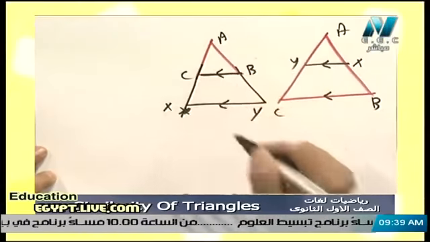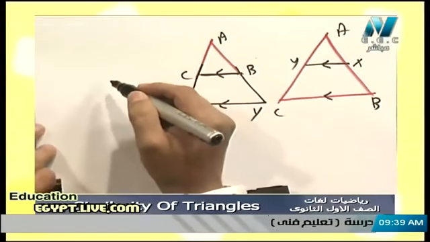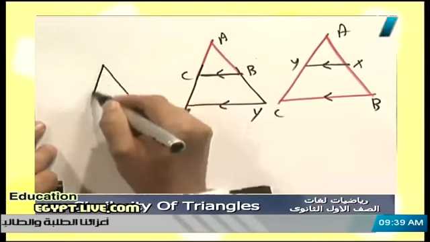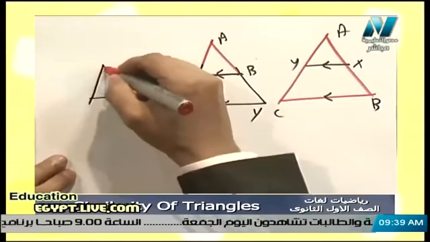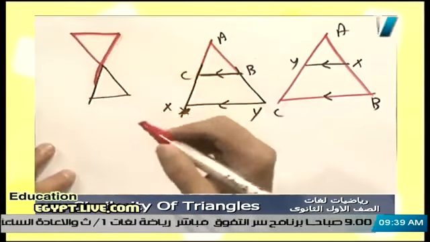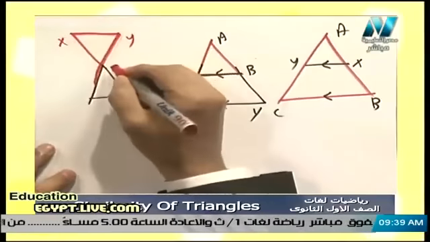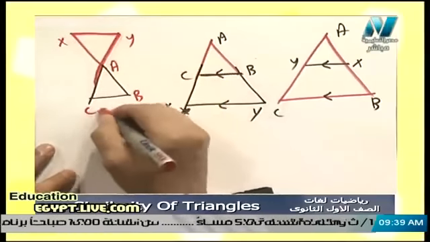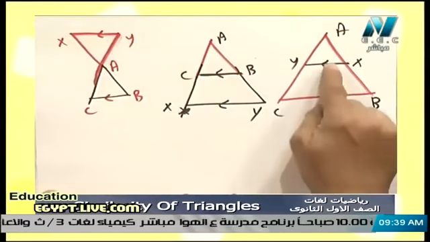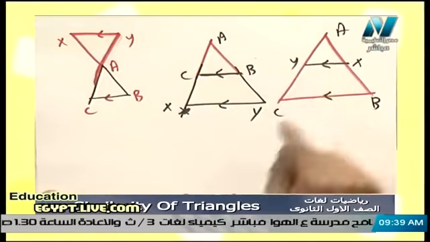And also if we have a triangle like that, ABC, and we have an expansion like that, and we have also XY here parallel to BC. We know that when two parallel lines are cut like that, we have two angles equal in measure, corresponding like that.